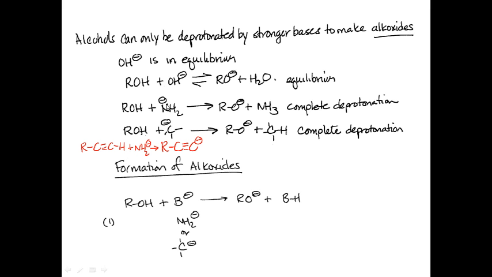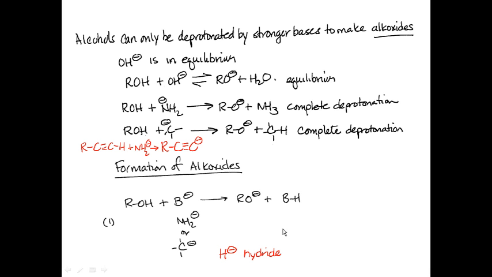So we can completely deprotonate an alcohol using either one of these two bases. So if you want to make an alkoxide, you can use sodium, or you can use amide, or you can use a C- species to completely deprotonate the OH. You can also use an H-, which is called the hydride ion.